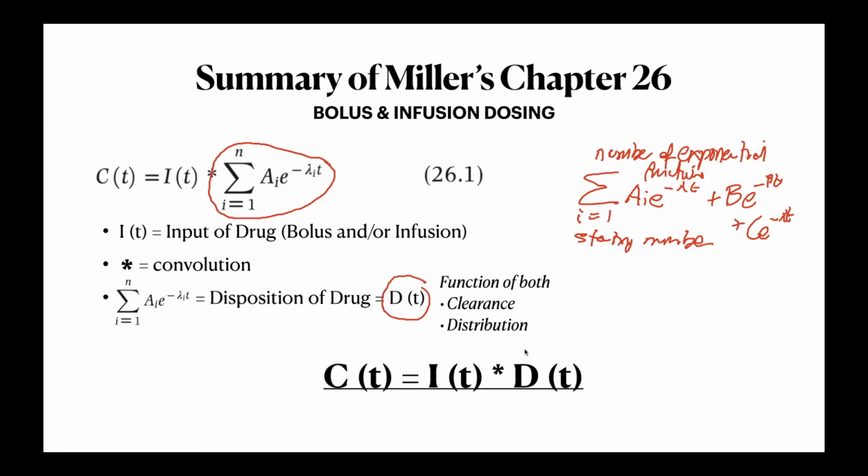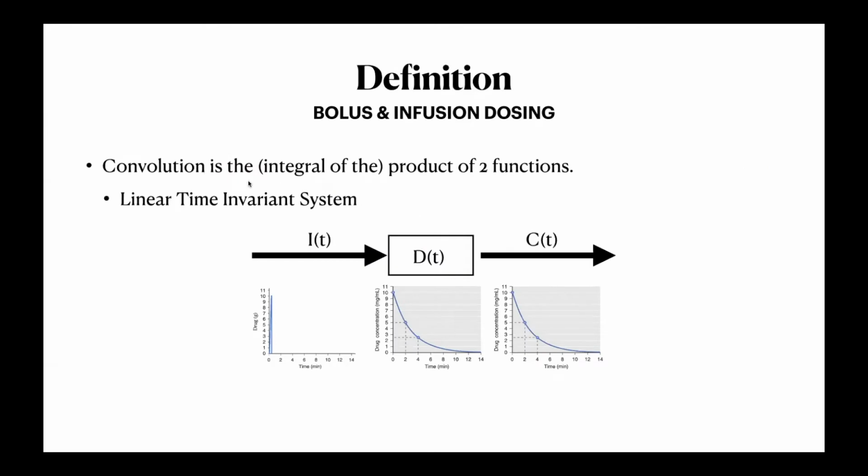And so the way to summarize it is that the concentration with respect to time for a bolus and infusion dosing is a function of your infusion and the disposition of the drug. This here is not a multiplication. It's called convolution. What does convolution mean? So just quickly, convolution is the integral of the product of two functions.